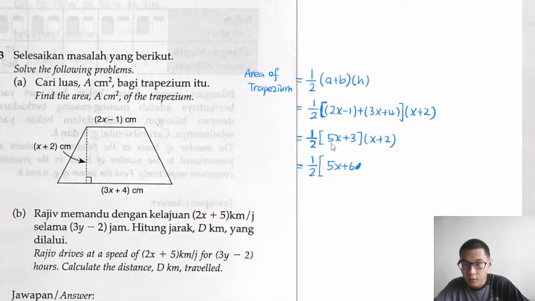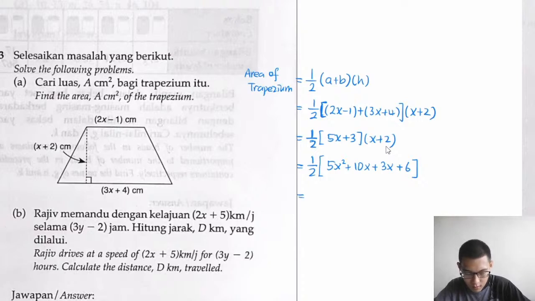Sorry, just now I jumped ahead. 5x times x is 5x squared, right? And then 5x times 2 is 10x, and then 3 times x is 3x, and then 3 times 2 is 6.